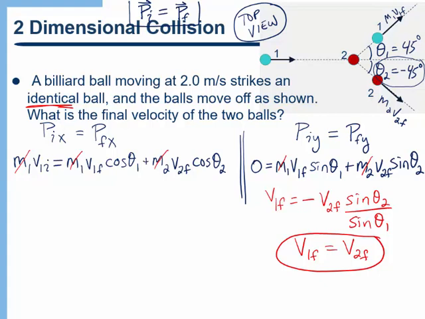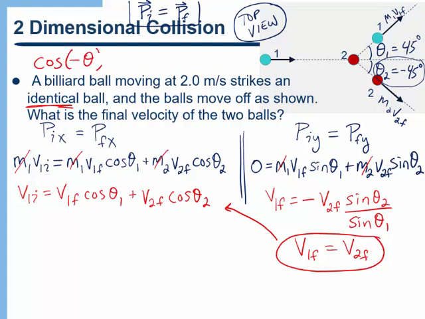Once I have that, I can go back over to this equation. We have v1 initial is equal to v1 final cosine theta 1 plus v2 final cosine theta 2. And I'm going to rewrite that. I know that v1 final and v2 final are the same now. I also know that the cosine of negative theta is the same as the cosine of theta, and therefore I can see that these two terms are identical.